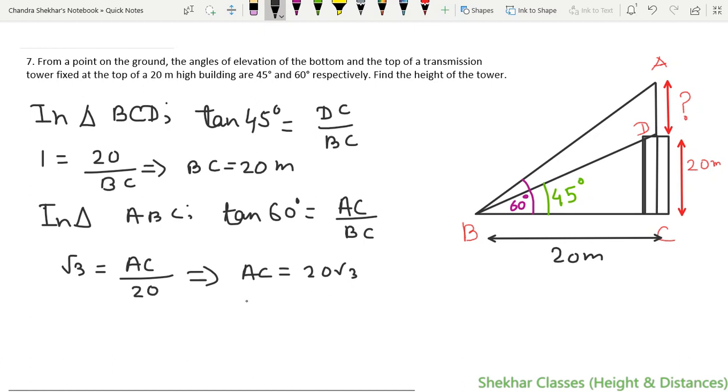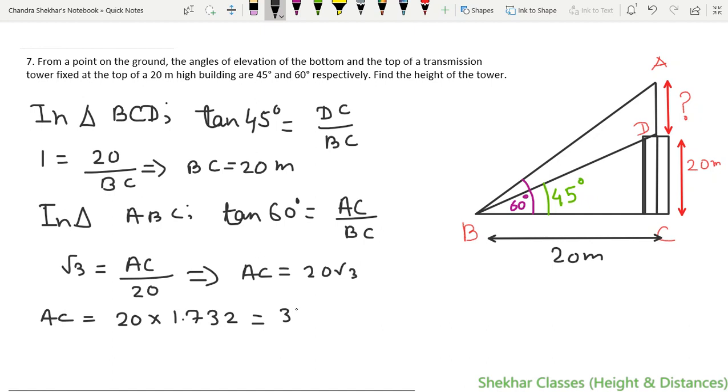So I need to multiply, so I will write here AC is equal to 20 and value of root 3 is 1.732. Now if I multiply the two here, that is 20 into 1.732, we get 34.64.